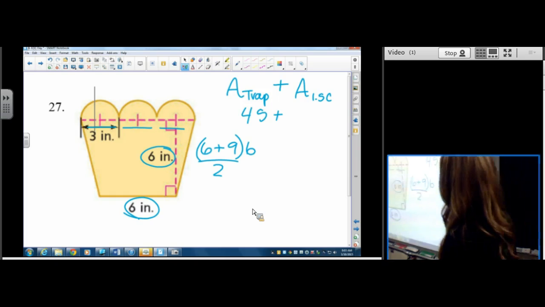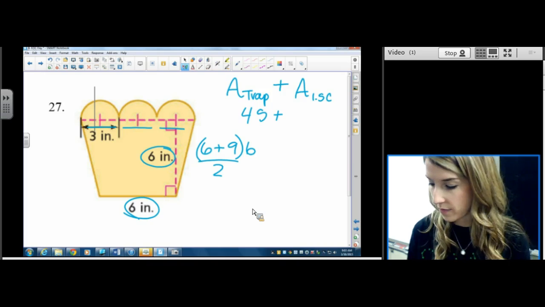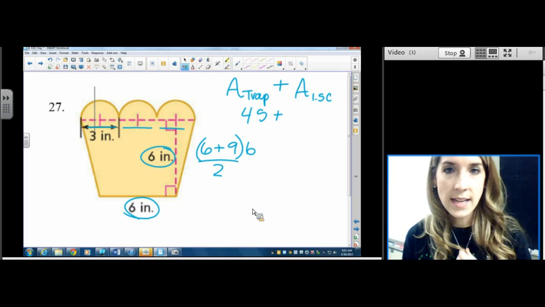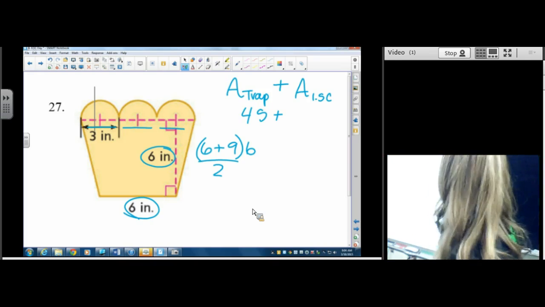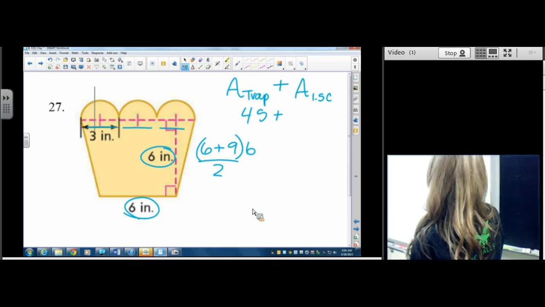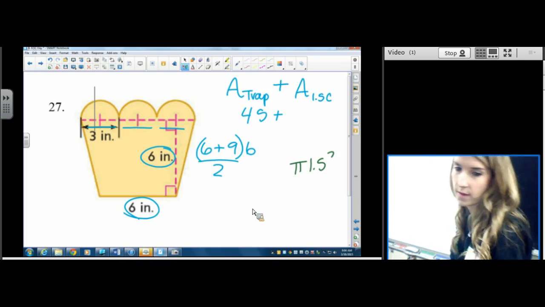Okay, we want the area of one circle, and then we want to multiply it by 1.5. What's the radius of one circle? It's kind of confusing because the radius is 1.5, right? Or 3/2. So pi r squared, but we don't want just one of them, we want 1.5 of them.